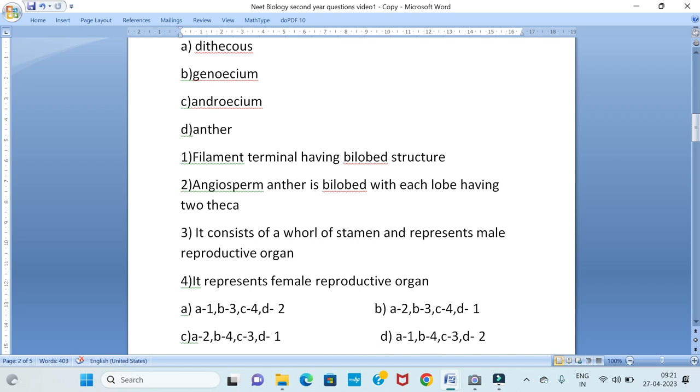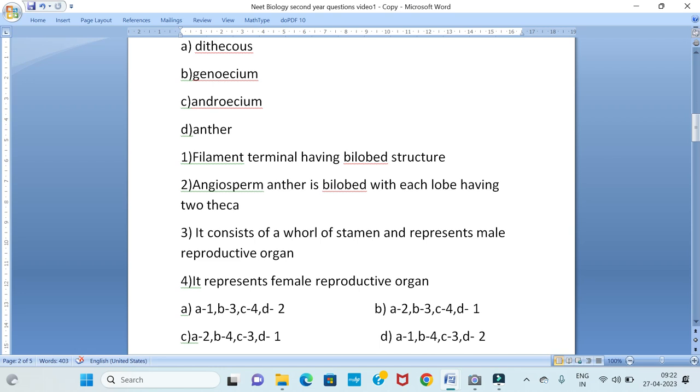There are two parts of a typical stamen in the flower. What are the two parts? One is the long and slender stalk called the filament.